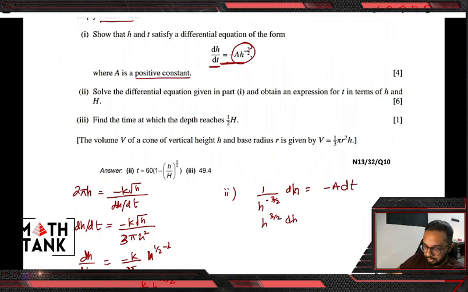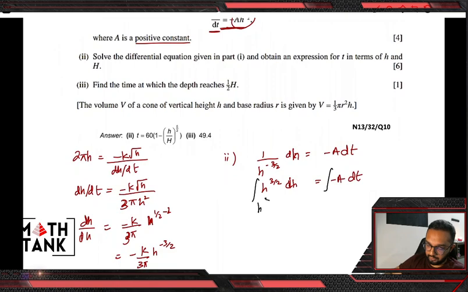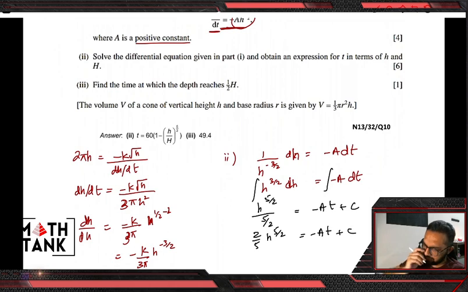I bring it up to make it positive because I have to then integrate it. h power 5 over 2 divided by 5 over 2 equals minus At plus c. So that's 2 over 5 h power 5 over 2. So integration was relatively simple.